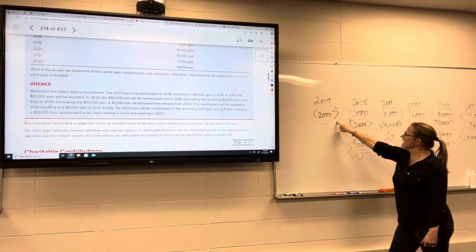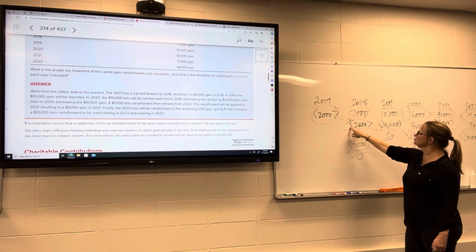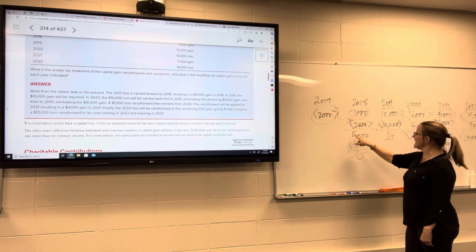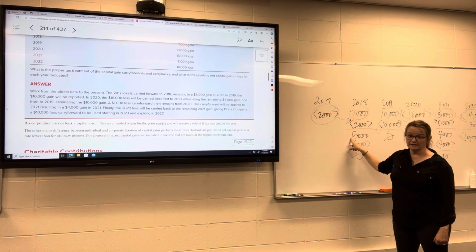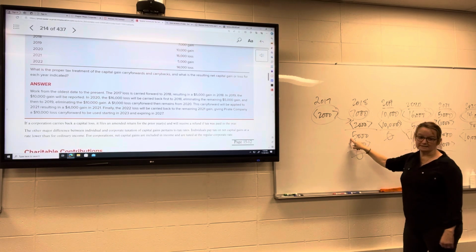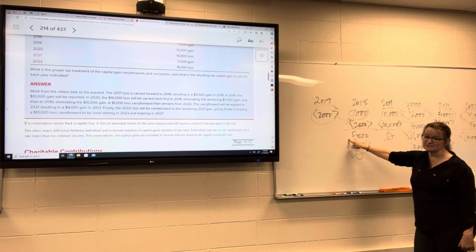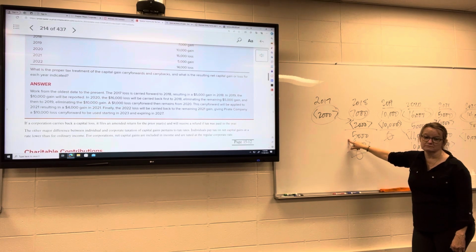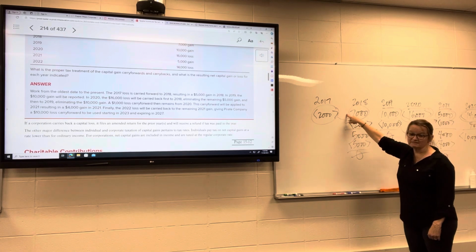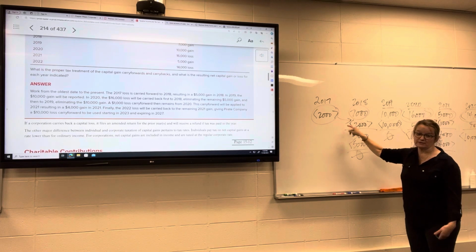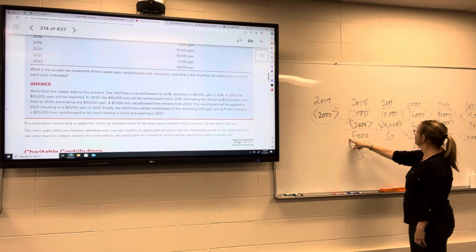So we're going to use that loss, apply it to the $7,000 gain. Now we are left with a $5,000 gain in 2018. When we're preparing our 2018 return, we're going to pay tax on that $5,000 gain. But we're not going to pay tax on the $7,000 because we used the $2,000 to offset it, okay?